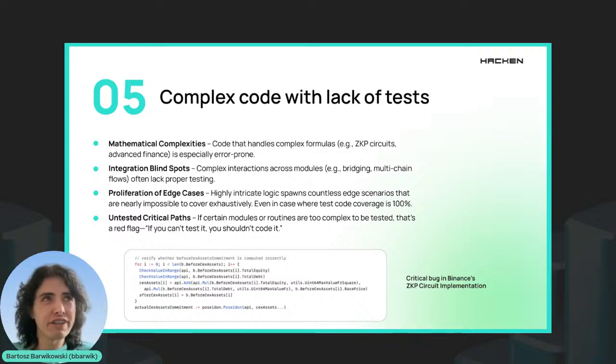Check the projects which don't have tests, and if there are features without tests, it's a perfect place to start. Especially if those places are very dangerous, like virtual machine, transaction processing, cryptography, everything related to that. And write a good fuzzer, and probably you will find issues pretty quickly.